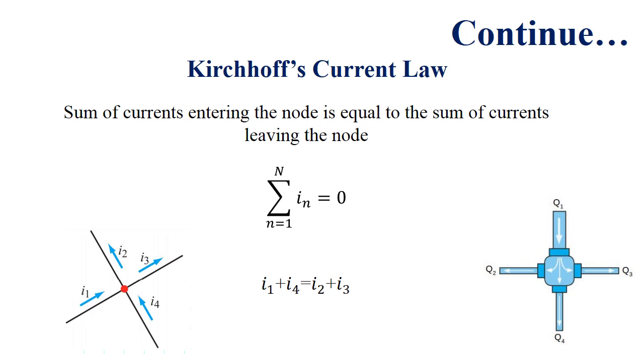If we take the example of water flowing through pipes to understand Kirchhoff's current law, in the diagram on the right-hand side of this slide we have 4 pipes.